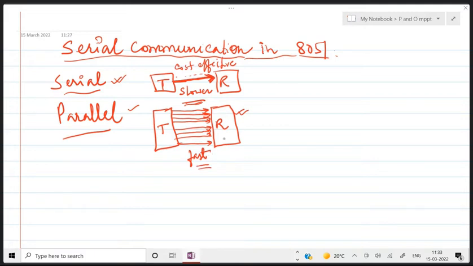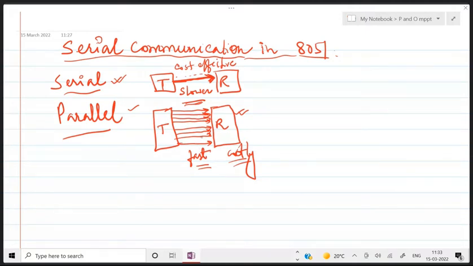But definitely it comes at a cost, and that is you have to pay more for it, so it is costly. So this is a basic difference between serial and parallel communication.